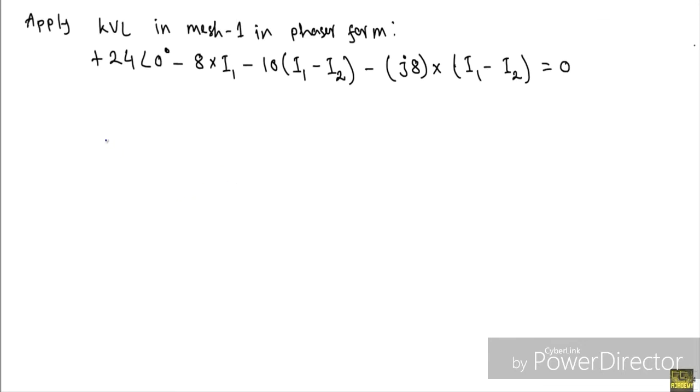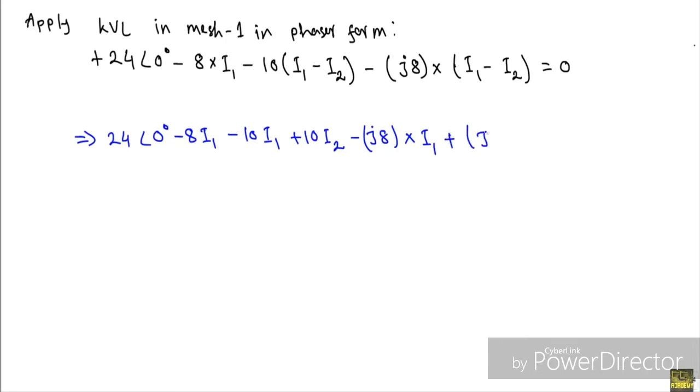If I simplify this, I will get 24 phase angle 0 degree minus 8 I1 minus 10 I1 plus 10 I2 minus j8 into I1 plus j8 into I2 equal to 0.